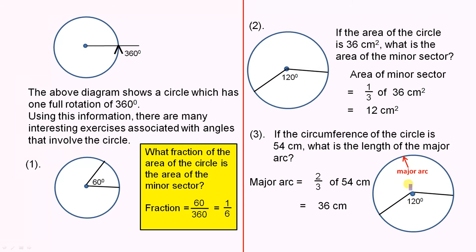If that's 120, that must be 240, because when you add those together, that gives you 360. So this large angle is 2/3 of the full rotation. Hence, 2/3 of 54 centimetres is 36 centimetres. So the length of the major arc is 36 centimetres.